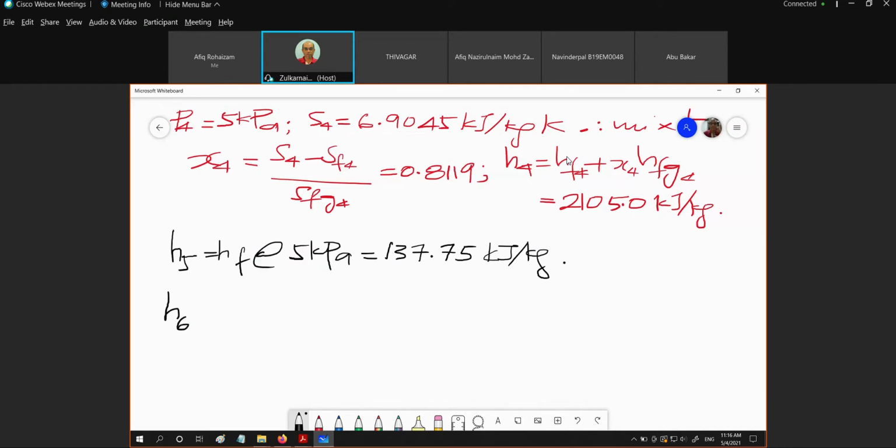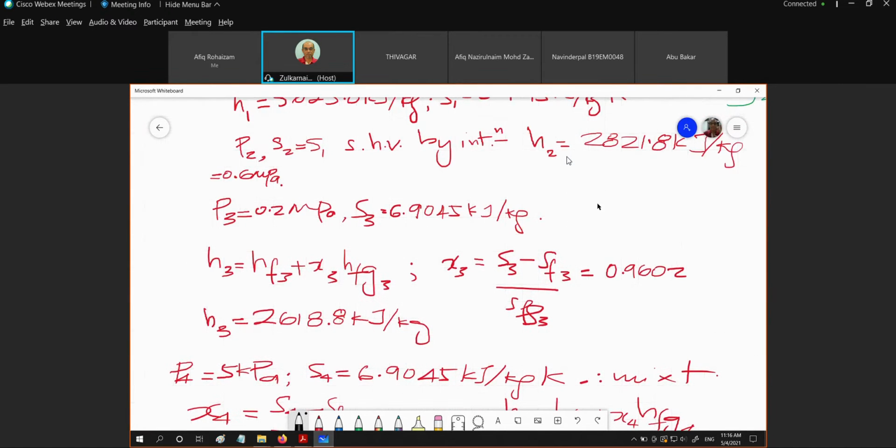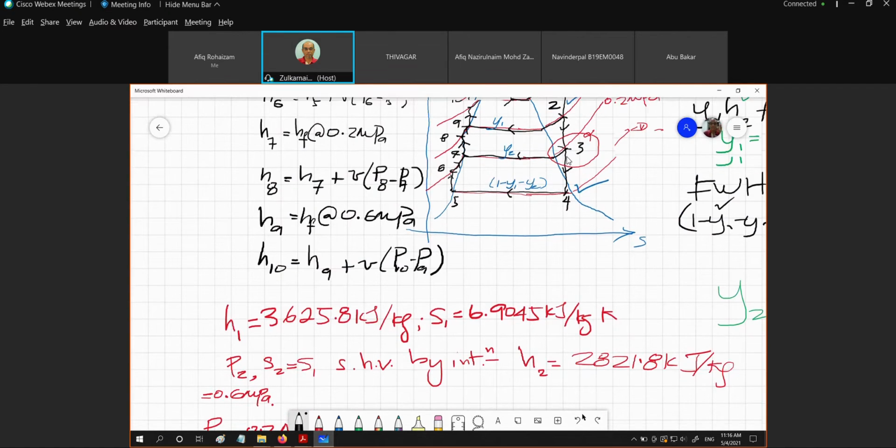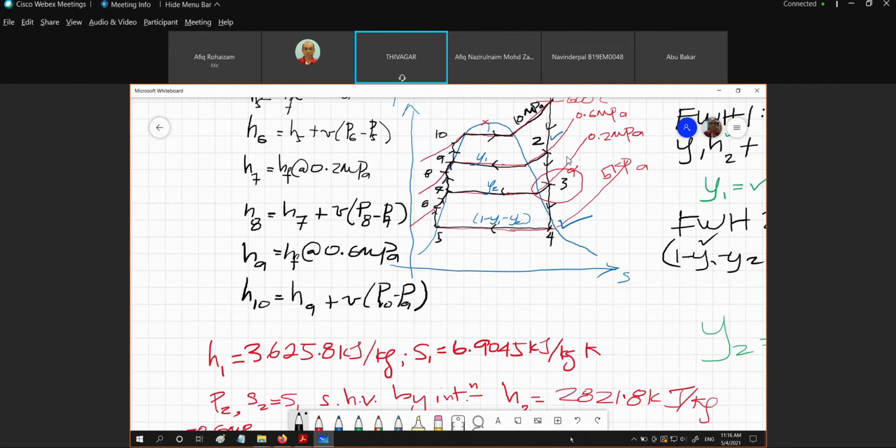H6 is equal to H5 plus 0.001 times the pressure difference. The next P is 0.2, correct? The pressure involved here is P6 minus P5, which is 200 minus 5.